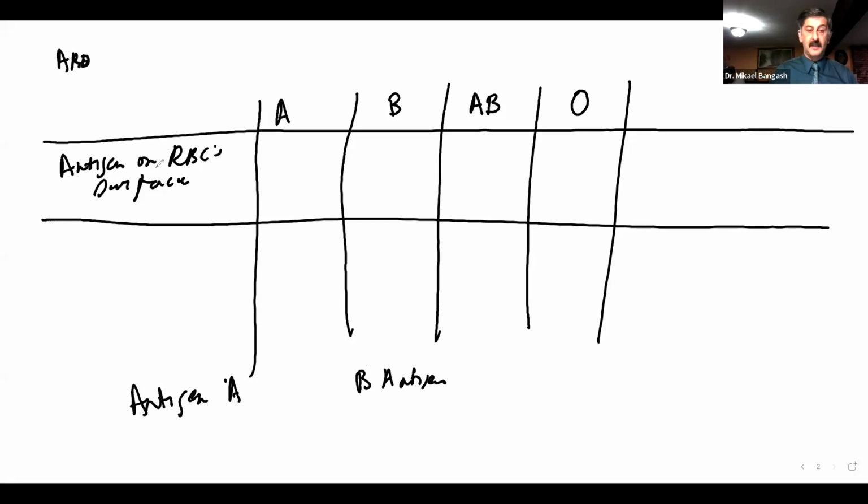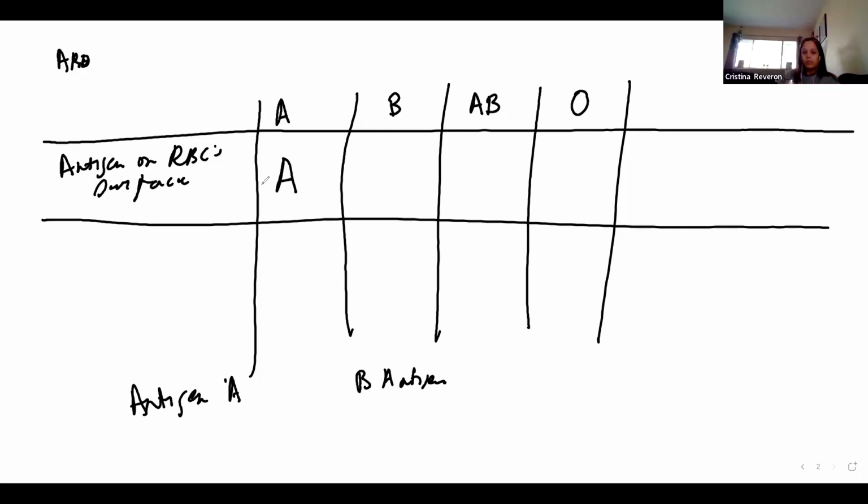So, as we said earlier, if somebody is of blood group A, that is because he or she has the A antigen. So the antigen that is found on the surface of the red blood cell is going to be the A antigen, and that makes him or her a person with blood group A. Did that make sense?